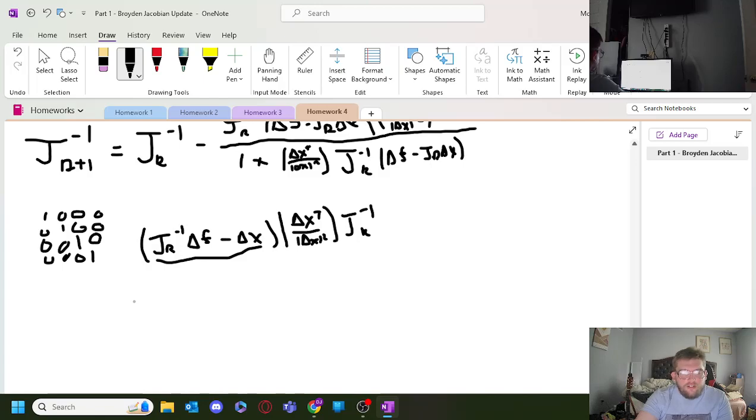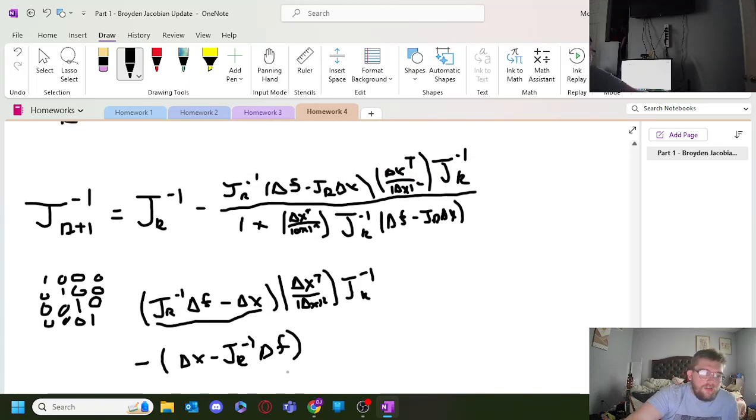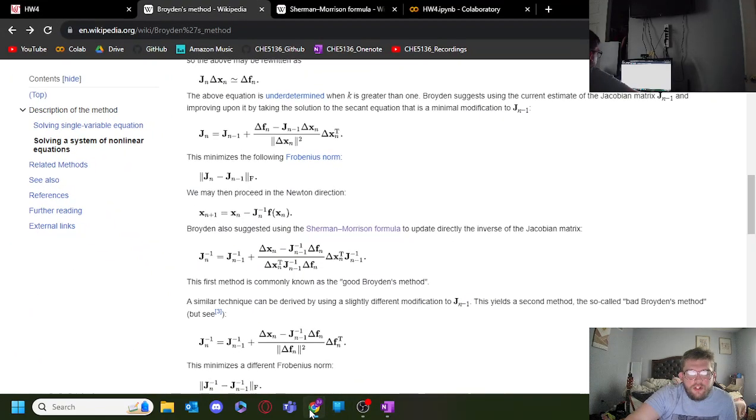All we gotta do is just take negative out: negative J sub k inverse delta x minus J sub k inverse change in function. Alright, so now we got our numerator there.